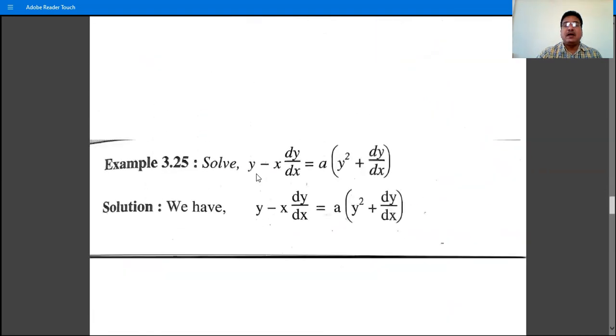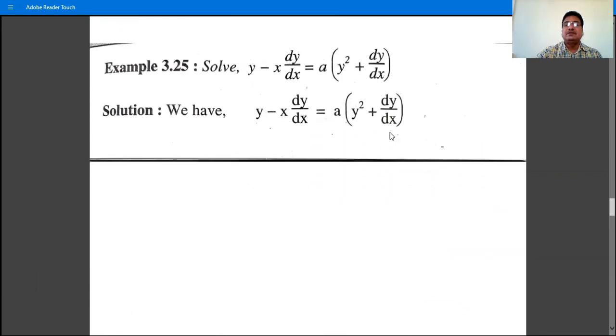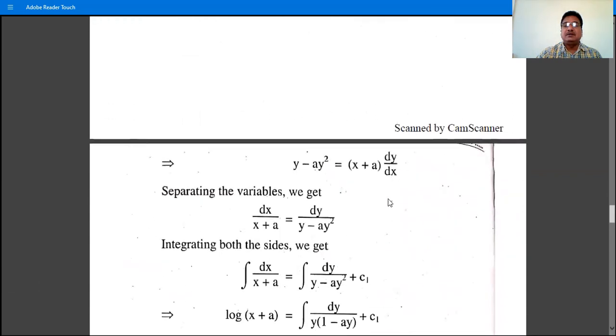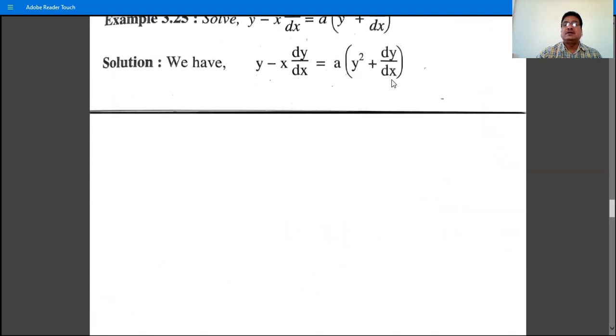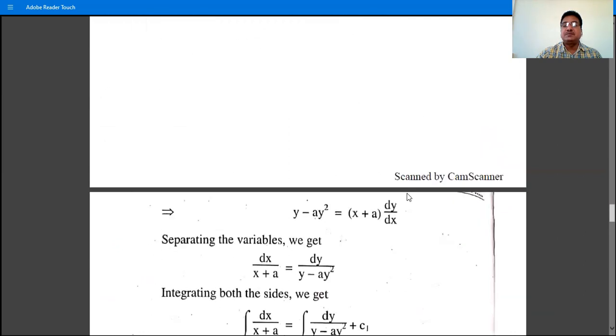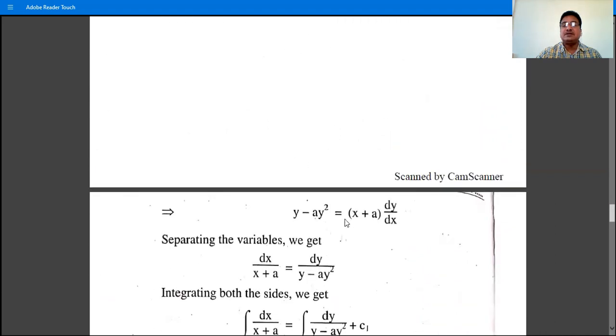See this example: y minus x dy by dx is equal to a y square plus dy by dx. So this is the example. After separating, shift this quantity minus x dy by dx to the RHS. So it is a dy by dx plus x dy by dx, and shift this a y square to the LHS, so y minus a y square.